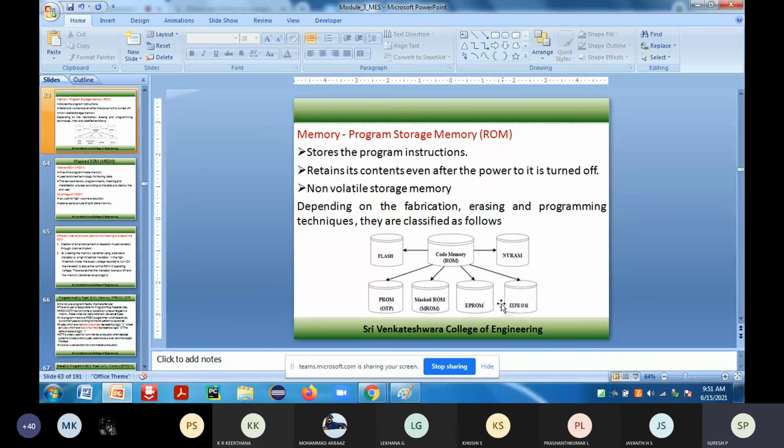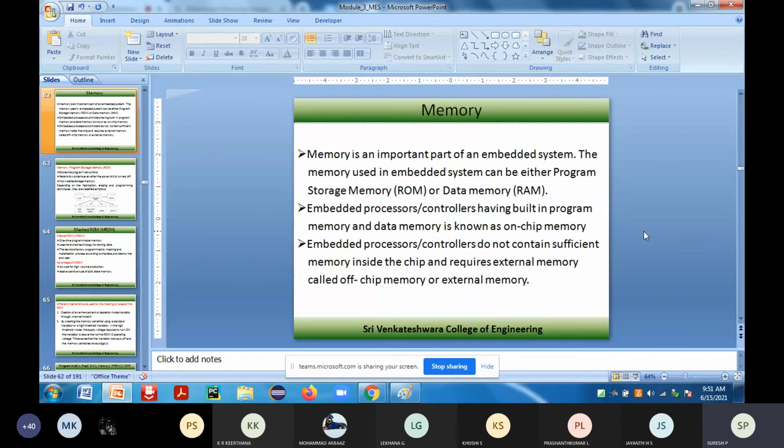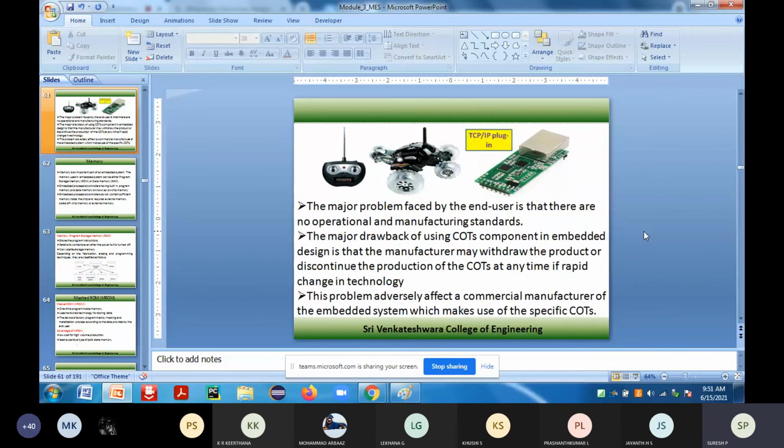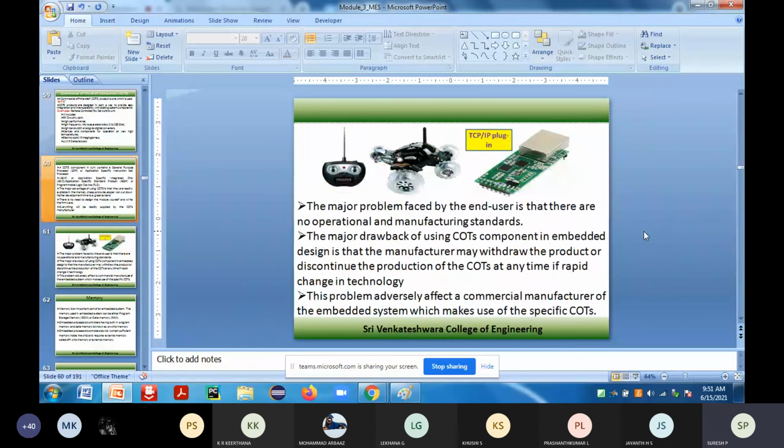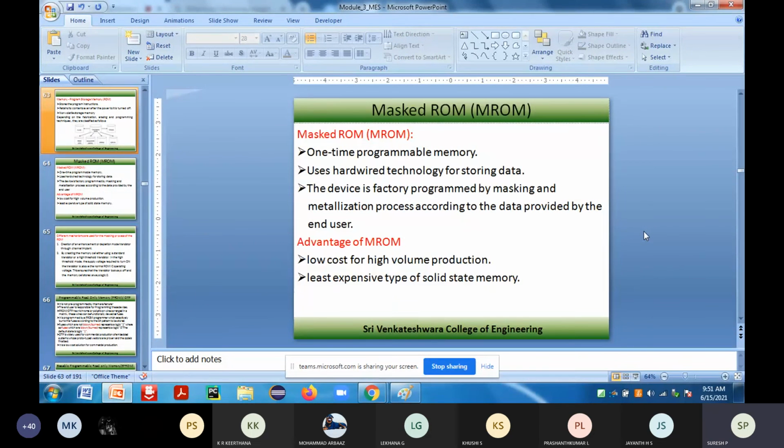So I will skip those and do only NVRAM, masked ROM, and flash. The remaining memory you read by yourself, since it will consume more time and I don't want to waste time on that.